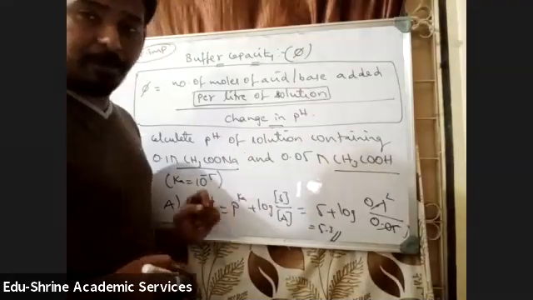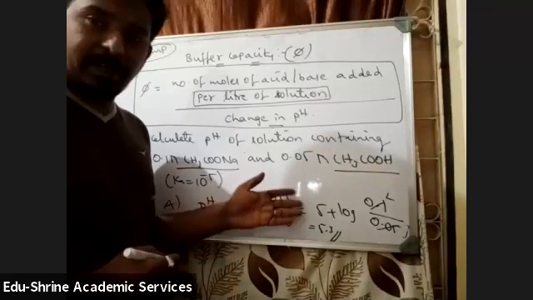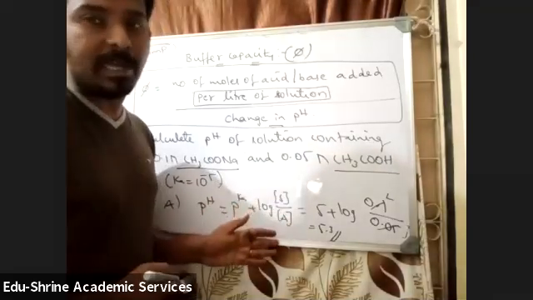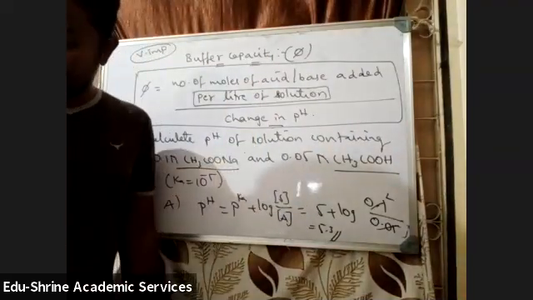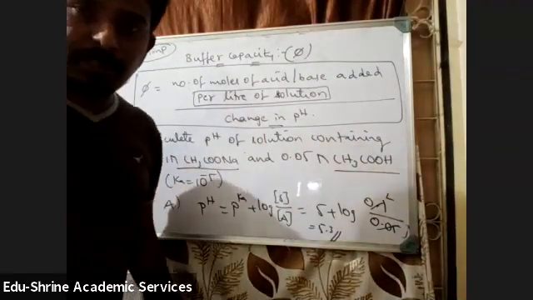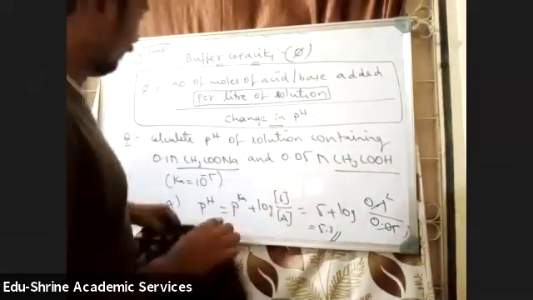In this way, direct formulas you will get in NEET or CET. In JEE Mains also many times direct formulas were asked, but this type of questions were also asked.